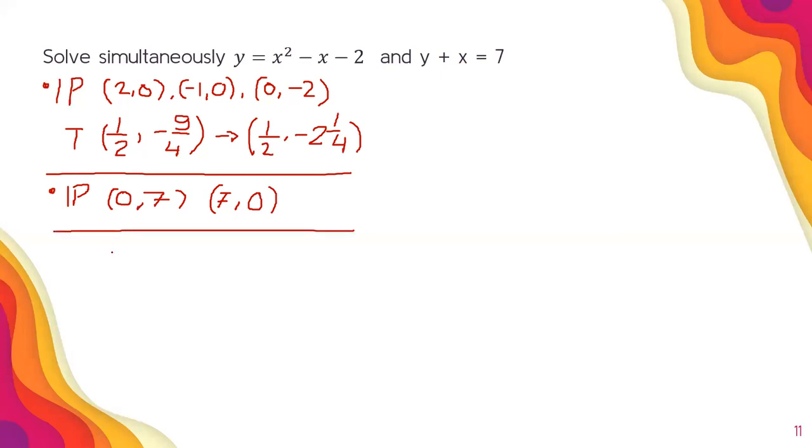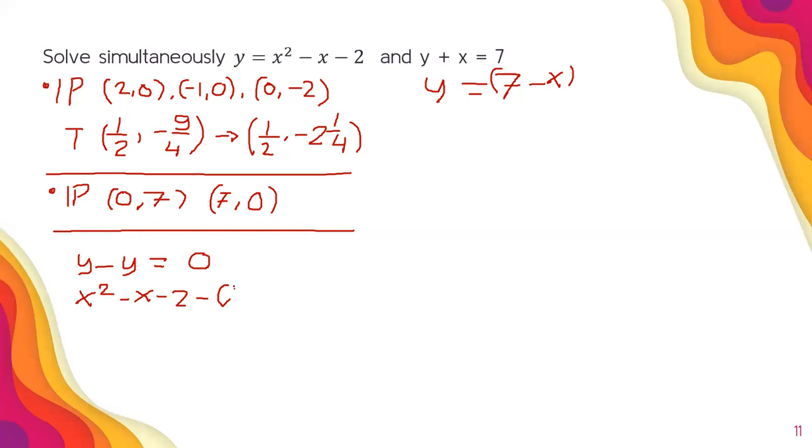Now we're gonna find the intersection points. y minus y equals 0. So that means x squared minus x minus 2 minus... I will simplify this one first. This equation is going to be y equal 7 minus x.